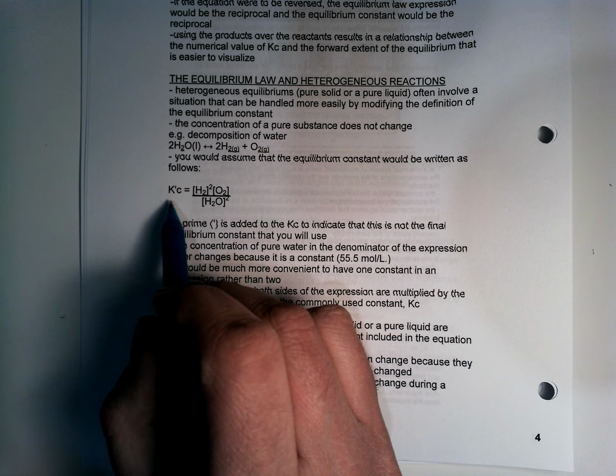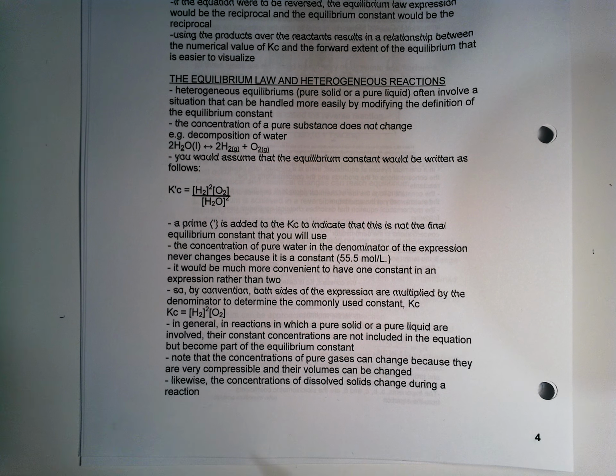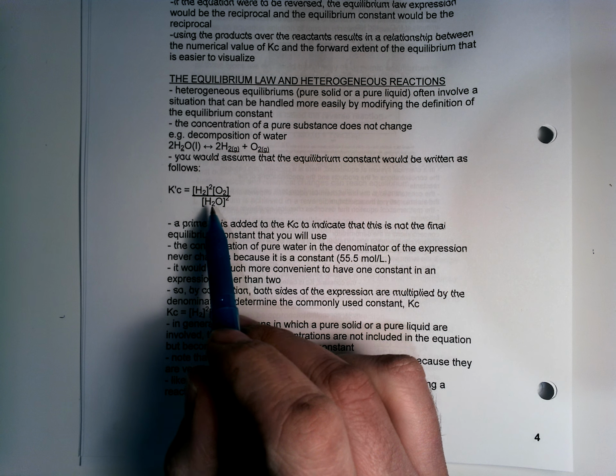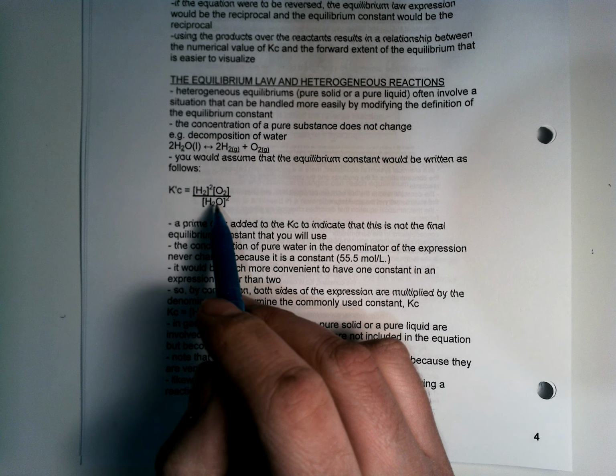In general, for reactions involving a pure solid or a pure liquid, their constant concentrations are not included in the concentration terms but become part of the equilibrium constant. So if you have a liquid or a solid in your reaction, we don't include that in our Kc calculation.